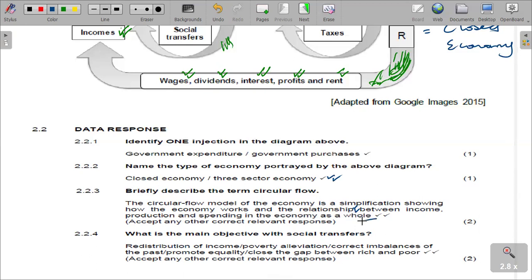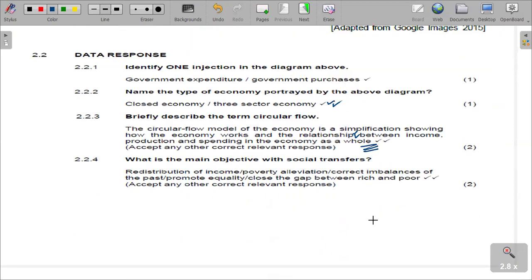So they show how economic performance takes place in the economy as a whole. That is the basic definition of a circular flow.